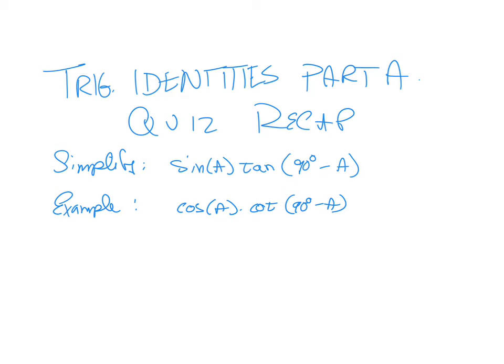So that leads us to the very first step, which is to transform the cotangent of 90 minus A, or the cotangent of the complement of A, into simply the tangent of A. And I'll leave cosine of A as it was. So we've changed, in one step, this from cosine of A times cotangent of 90 minus A, to cosine of A times tangent of A.